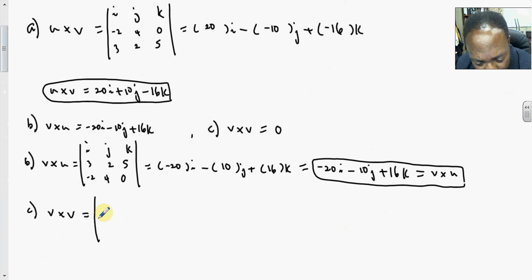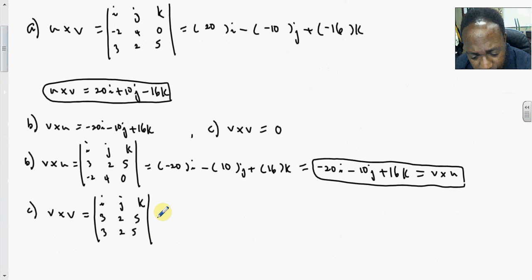So the cross product of V with itself is I, J, and K. Well, it's supposed to be a K. So V is 3, 2, 5, 3, 2, 5. Now it's supposed to get 0 according to that property.